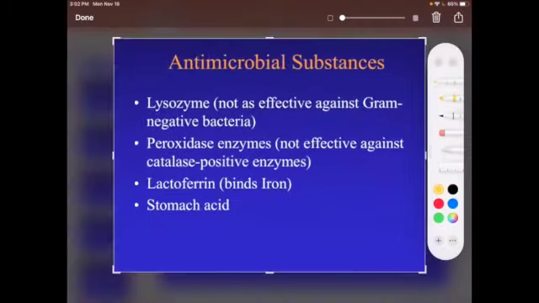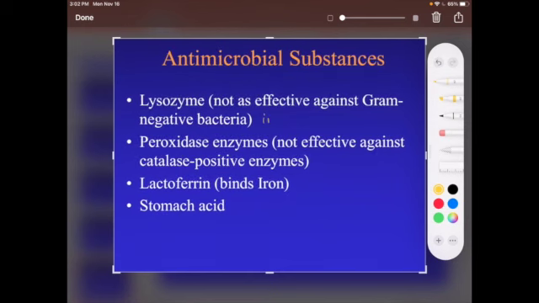So, for example, you produce lysozyme in tears, and also in saliva. Saliva tends to have lysozyme in it. And if you remember this, I have up here not as effective against gram-negative bacteria, because who can tell me why? Can you think about that? What do gram-negative bacteria have that gram-positive bacteria don't?